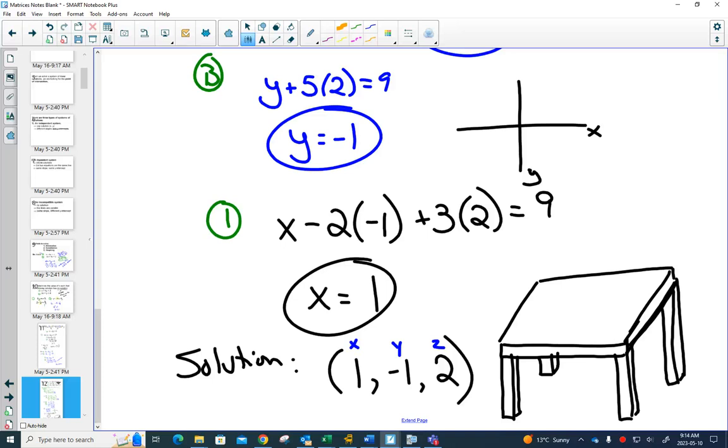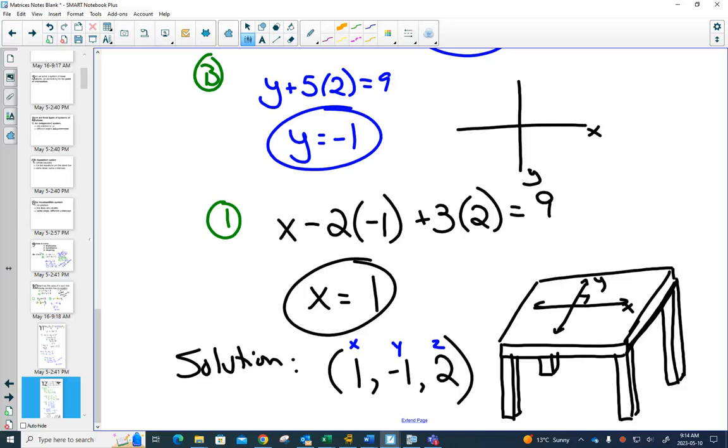So I'm just giving you the visualization of a table, because if you took a piece of paper that had your x and y axes on it and put it on the table, do you see that your y axis and x axis would look like this on that table? There's still a 90-degree angle here, but when you draw it in 3 dimensions and bend, it's not actually 90 degrees anymore.